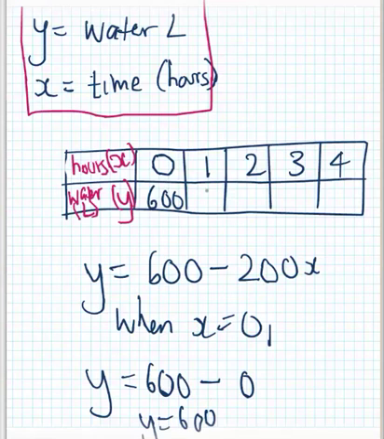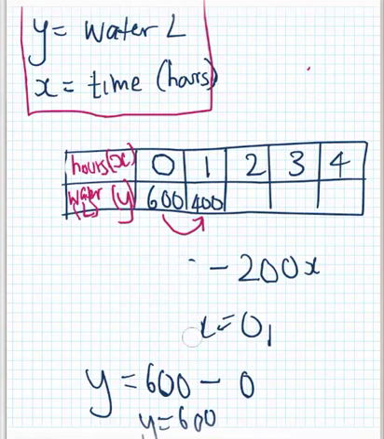Now, what about when 1 hour passes? If x is 1, we can do this mentally. We will have 200 times 1, which is 200, and 600 minus 200 is 400. Okay, and what is the pattern? We know that a table of values for a straight line has a constant pattern.